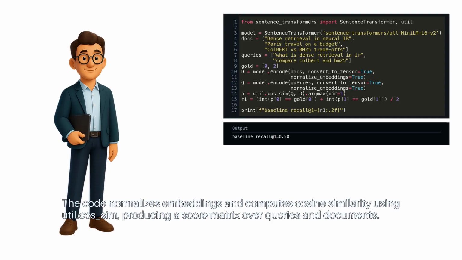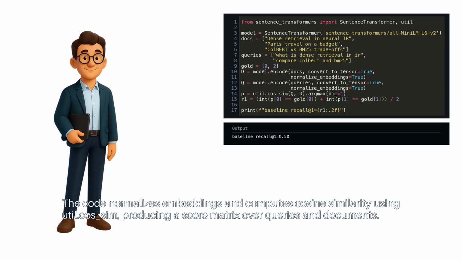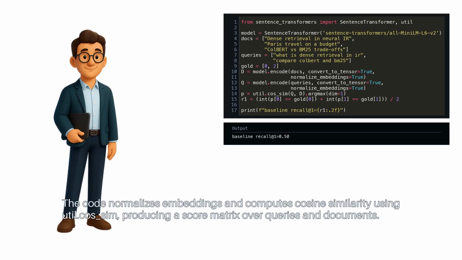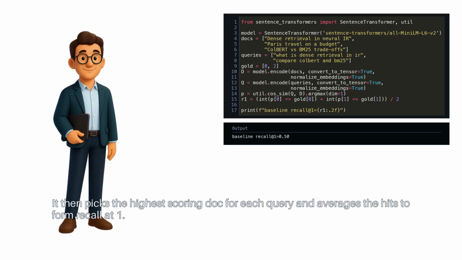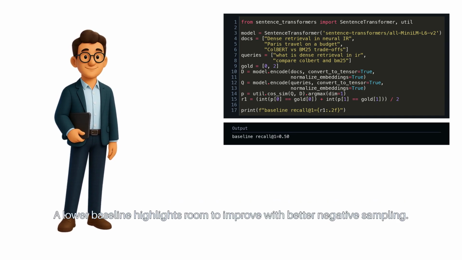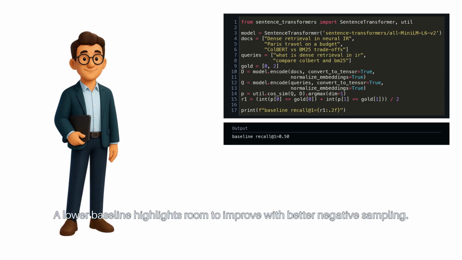The code normalizes embeddings and computes cosine similarity using util.cos_sim, producing a score matrix over queries and documents. It then picks the highest scoring doc for each query and averages the hits to form recall at 1. A lower baseline highlights room to improve with better negative sampling.